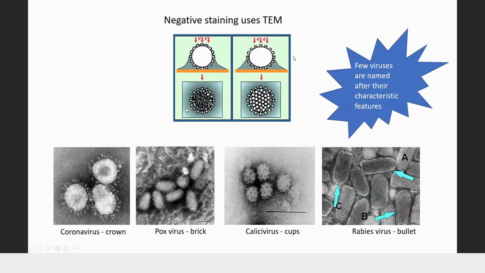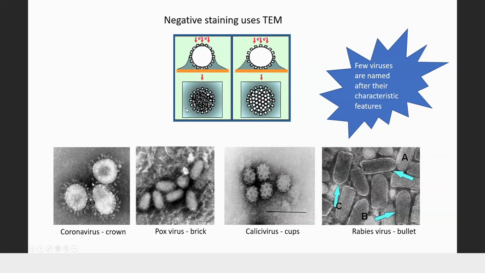Okay, so theoretically, this is your virus particle, and you put this stain, and when the light comes here, the heavy metal will give an outline like this. Okay, it will just stain outside. That's how you can see here, this is coronavirus.